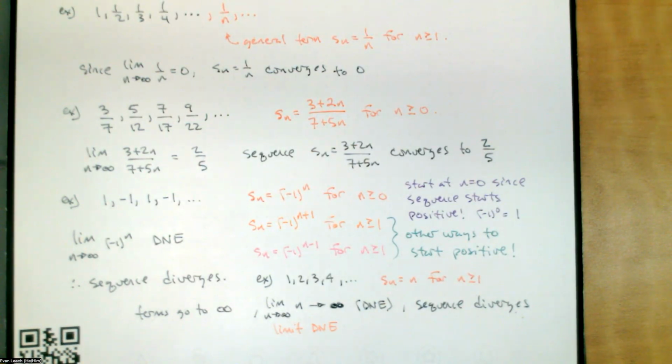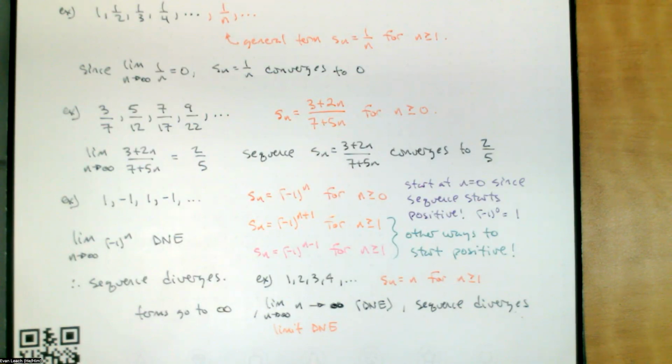The terms go to infinity, the limit does not exist, the sequence diverges. If you start mixing these up, people will probably get what you're saying, but you're saying it wrong.